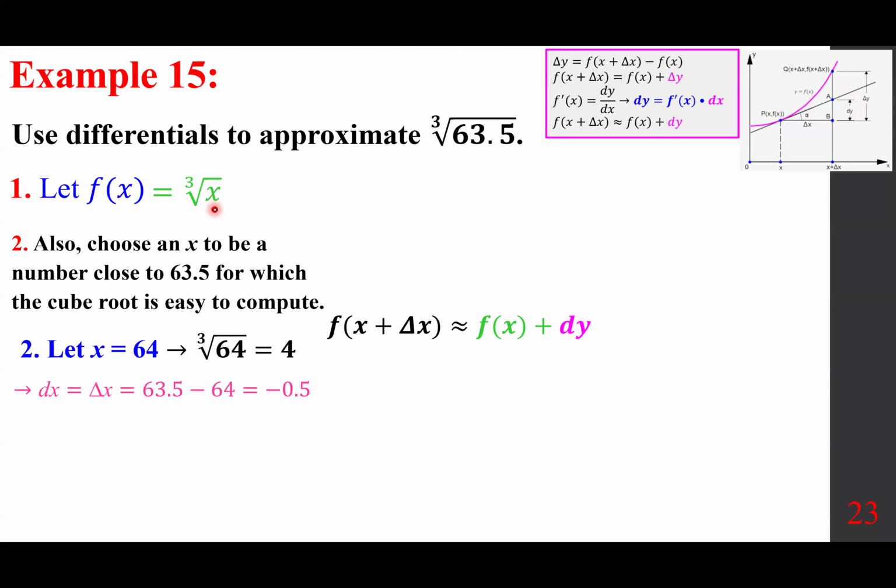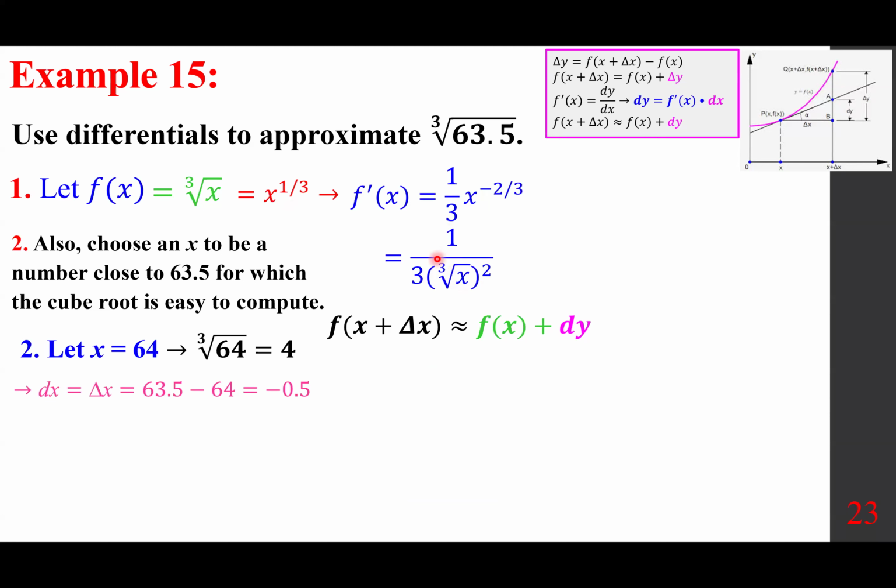We change this to x to the power of 1/3, so we can differentiate it as 1/3 x to the power of 1/3 minus 1, or negative 2/3. We rewrite this by taking this down, making it to the power of positive 2/3, or cube root of x to the power of 2.